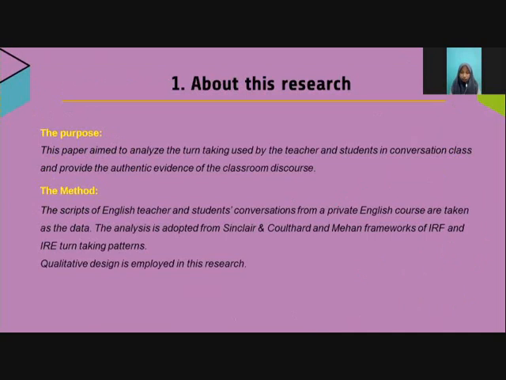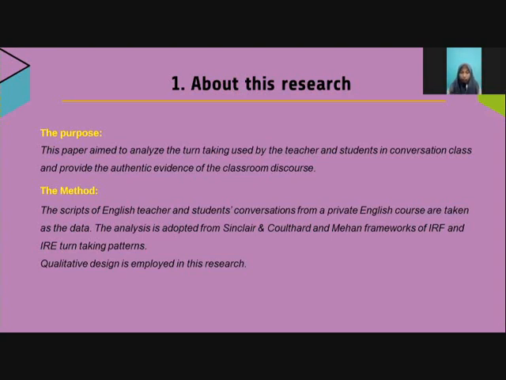First, about this research. The purpose of this research is to analyze the turn-taking used by the teacher and students in the conversation class and provide authentic evidence of the classroom discourse.